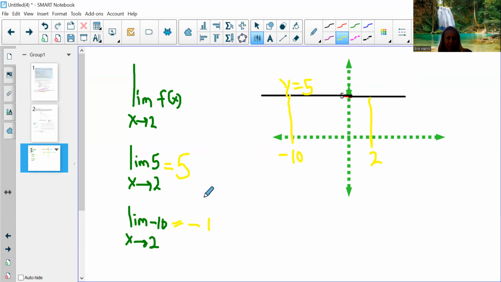Actually, I meant to write limit of 5 as x approaches negative 10. That's actually what I meant to write there, because that's what's illustrated up above. Okay, that this answer is always 5 no matter what. So I miswrote it, but that's fine. Then there's just a different example with a different constant in there.